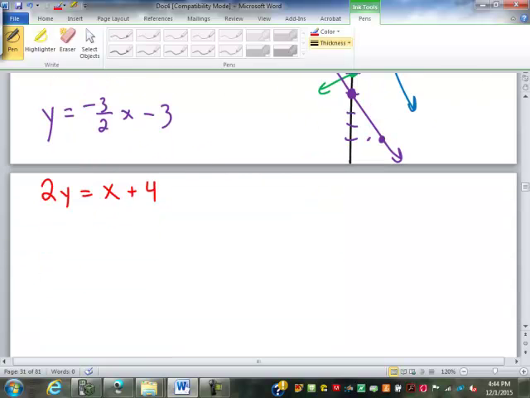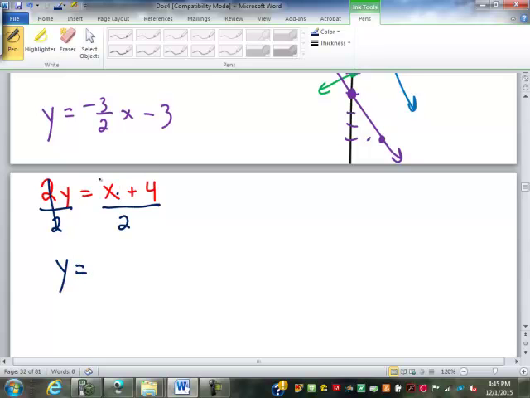I have to get rid of the 2. The 2 is attached to the y because it's multiplied. So to get rid of it, we have to divide. When we multiply or divide an equation, we have to multiply or divide every piece. So the 2y divided by 2, that divides out the 2, leaving us with just y.